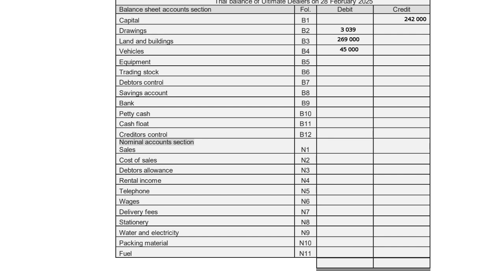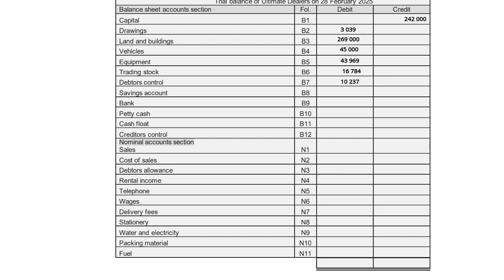Equipment. Do you see that you have a balance brought forward on the debit side of 43969. So that is the amount that you put on the debit side of your trial balance. Your inventory or trading stock had a debit balance on the 1st of March that you bring forward of 16784. Your debtors control has a debit balance that you bring forward of 10237, and it is very important that that is the same total of your debtors list that you calculated.